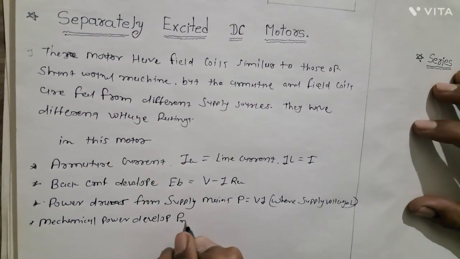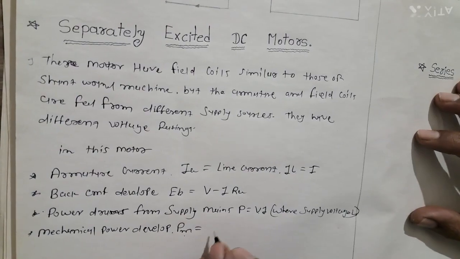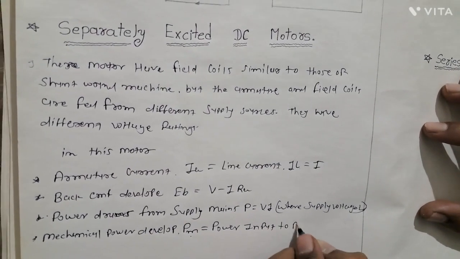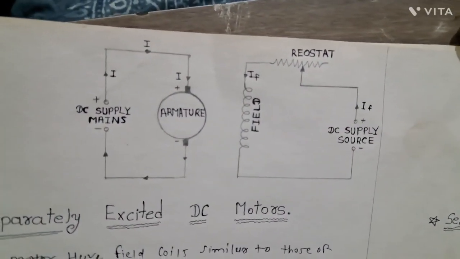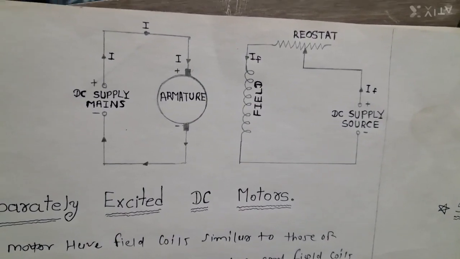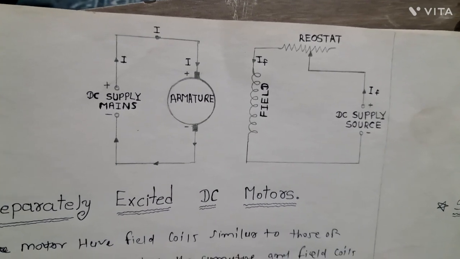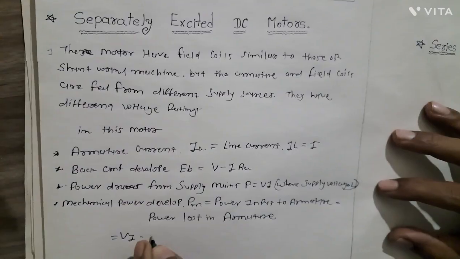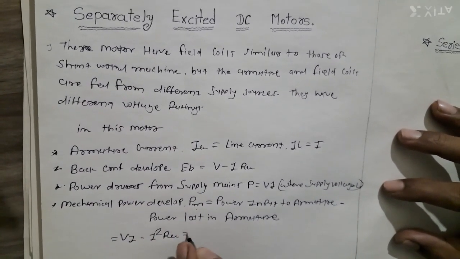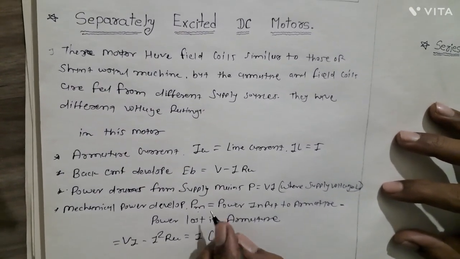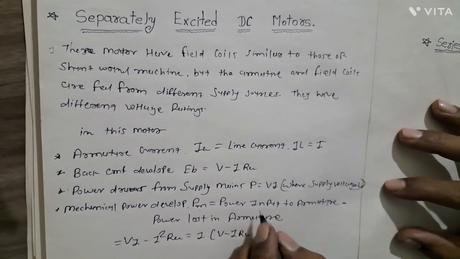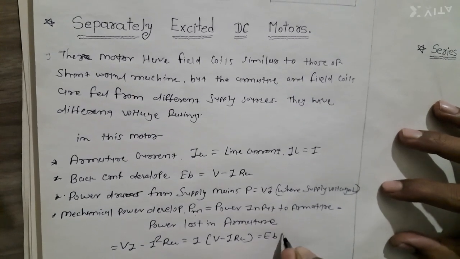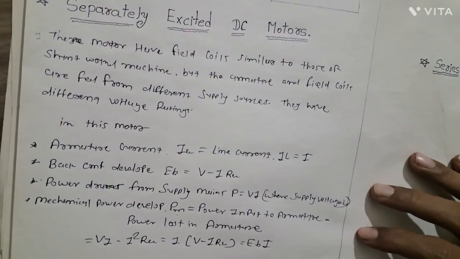Mechanical power Pm is equal to the power input to the armature minus the power lost in the armature, which is equal to VI minus I square Ra, is equal to I in brackets V minus I Ra, which is equal to Eb I. This is complete.